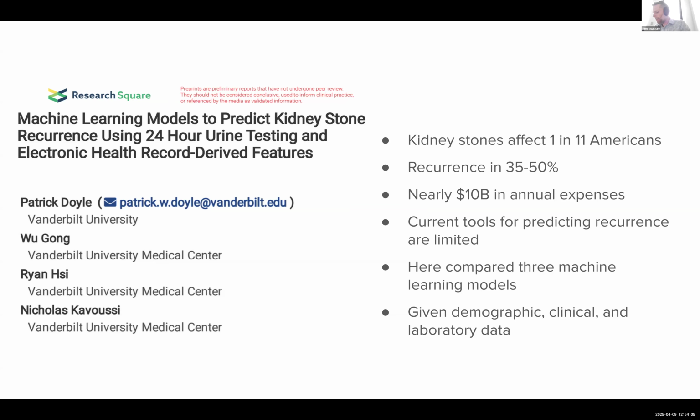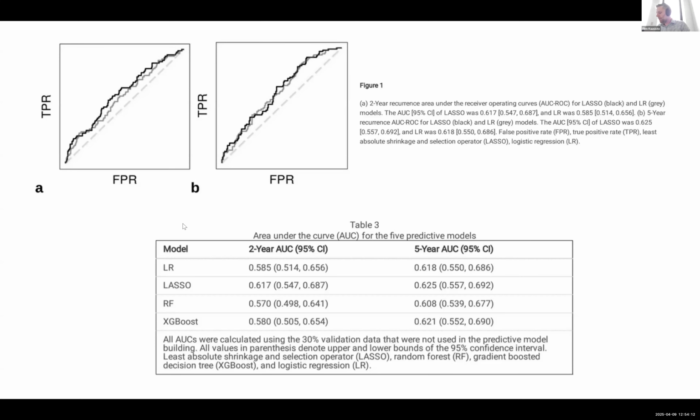I had a couple of questions that I would have asked, but ultimately there aren't a lot of super hot figures to look at. I guess the major takeaway I got from this is that they use multiple different models, two of which I would call more machine learning models, and two of which I would call really traditional statistical models, like the logistic regression and lasso.